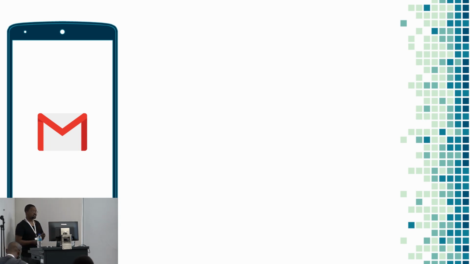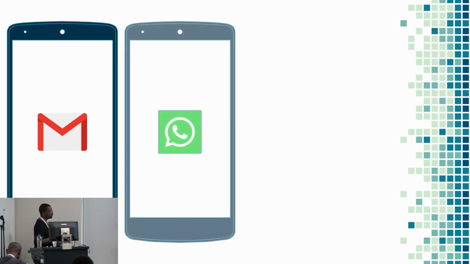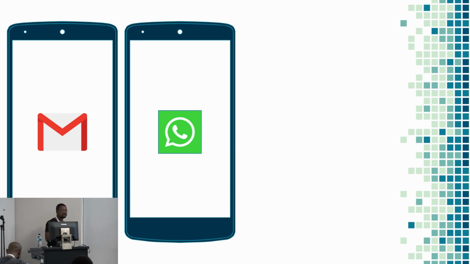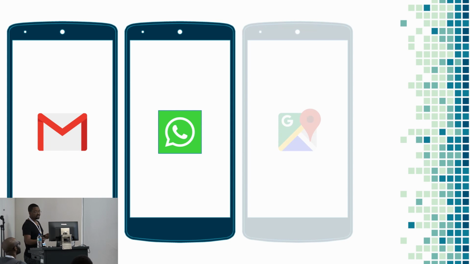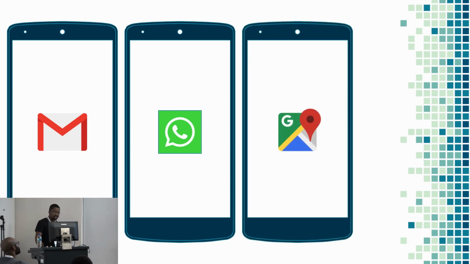So Gmail is one of the apps that I use on a daily basis. When it comes to communicating with my loved ones and my friends instantly, I use WhatsApp, as probably most of you do as well. Then I always want to know exactly where I'm going.